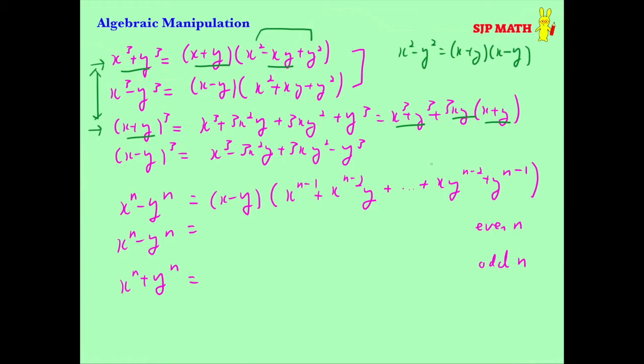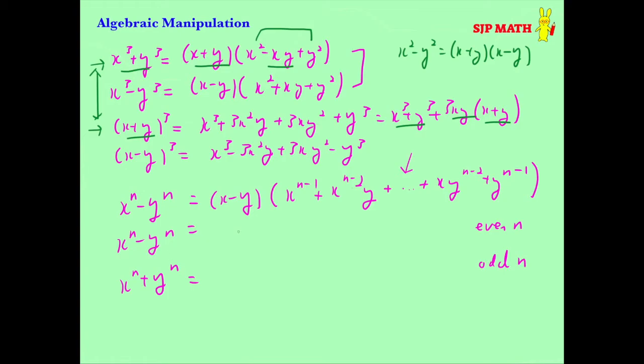So you might be seeing these kinds of formulas, these expressions, sometimes. It'll be good to remember those so that you can relate x to the n minus y to the n to x minus y.